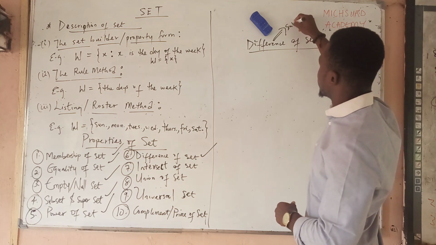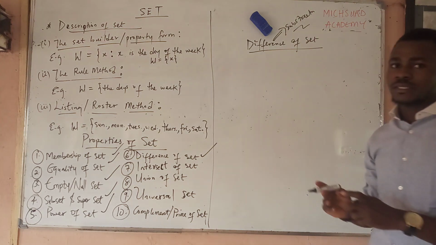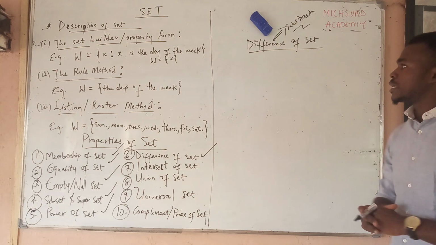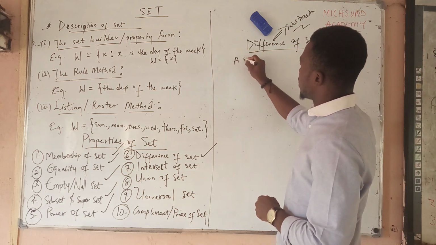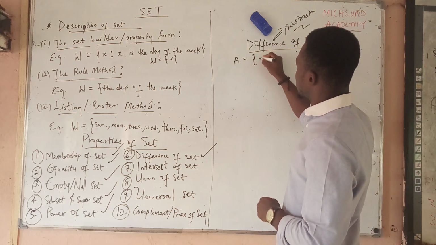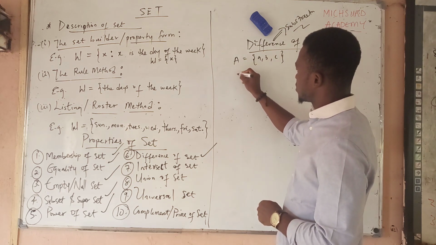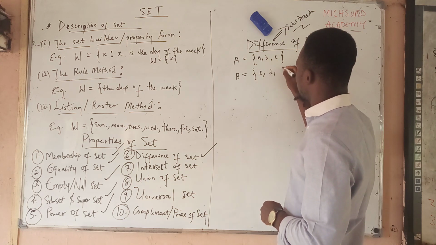We are talking about subtraction, right? Whenever you see difference in sets in mathematics, you're talking about subtraction. Alright, now in the difference of a set, we might have a set A equal to A, B, C, and we have another set B equal to C, D, F.